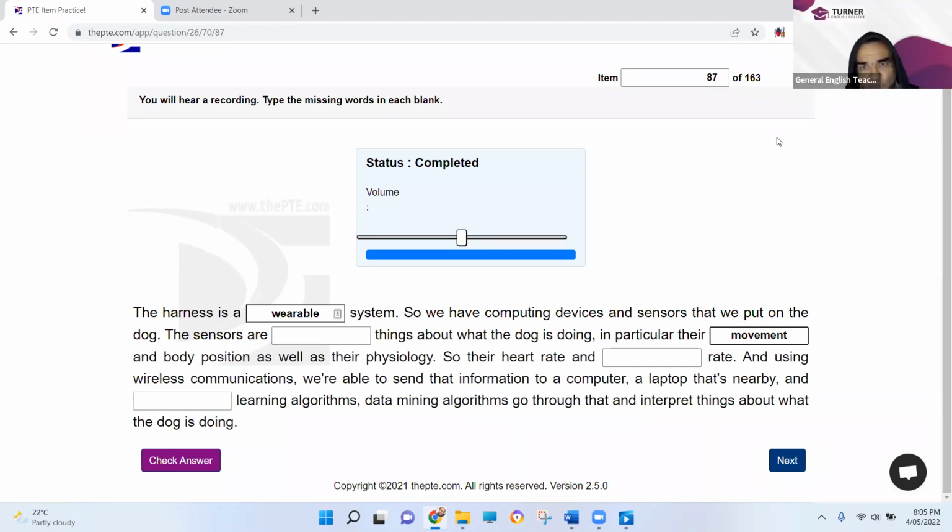And the 4th one? Respiratory. Very good. Respiratory. How do you spell it? Respratary. Okay, next. Machine.